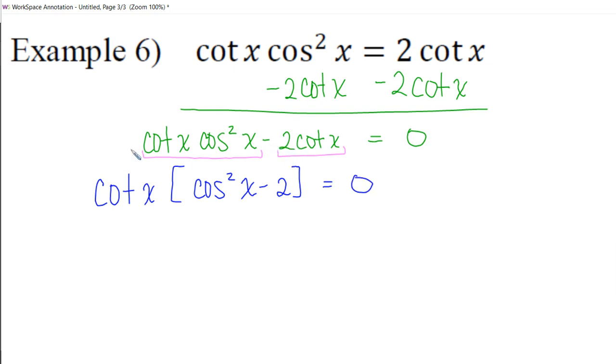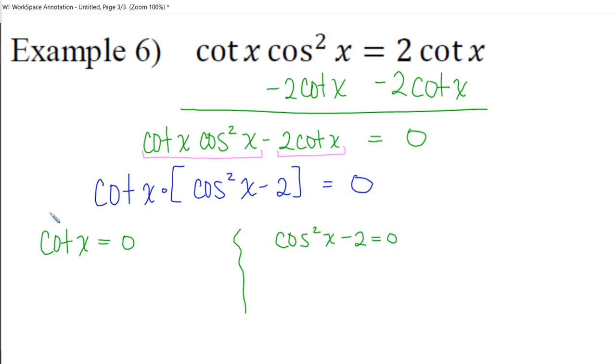All right. Now, once again, just like example number 4, these are multiplied, so I can go ahead and set both of them equal 0. So on this side, I'm going to do cotangent of x equals 0, and I'm going to let cosine squared of x minus 2 equal 0. Now, we got to think on this one.